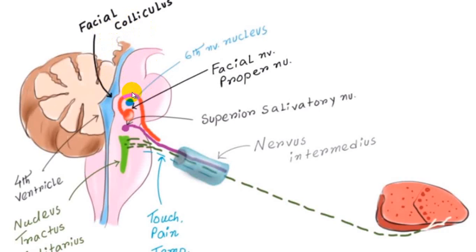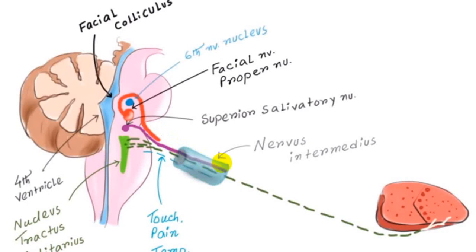Then it runs around the sixth cranial nerve and comes out anteriorly between the pons and medulla, and after that it will enter through the internal acoustic meatus into the facial canal.